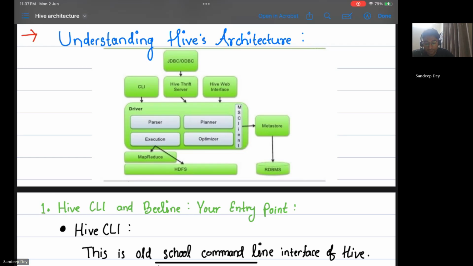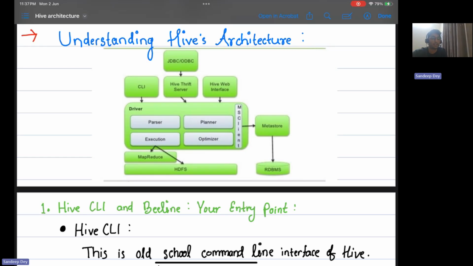Next is the Metastore, the metadata hub. You can see this rightmost block, Metastore.